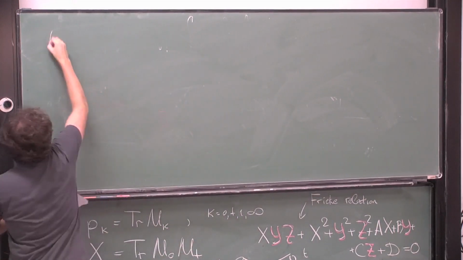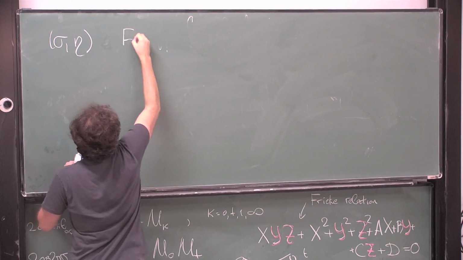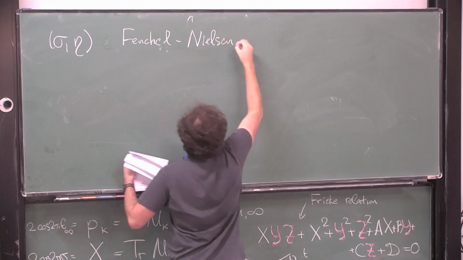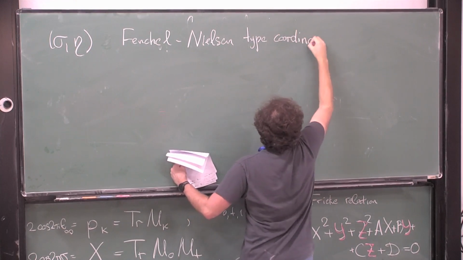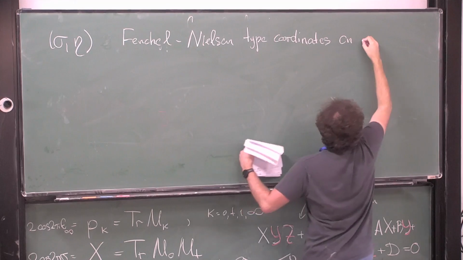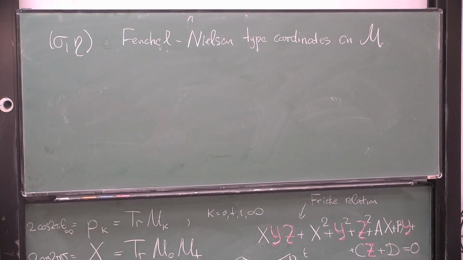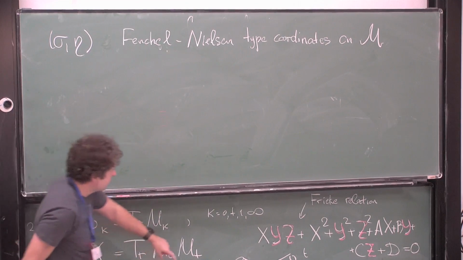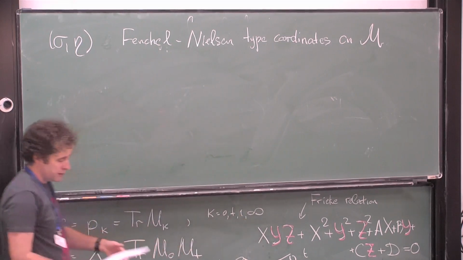So we have then this sigma and eta, which are Fenchel-Nielsen type coordinates on M. This pair of coordinates, as you may see, is associated with a particular decomposition of our sphere into pairs of pants.